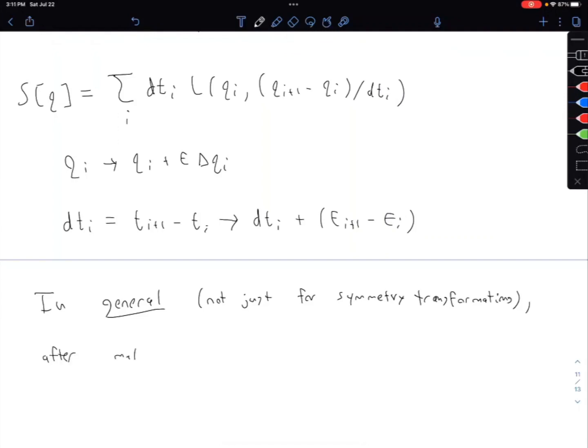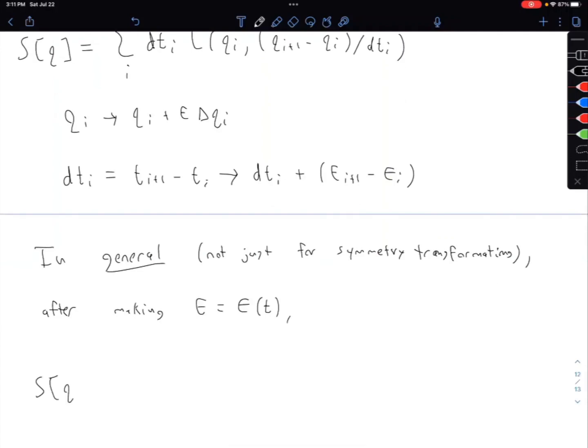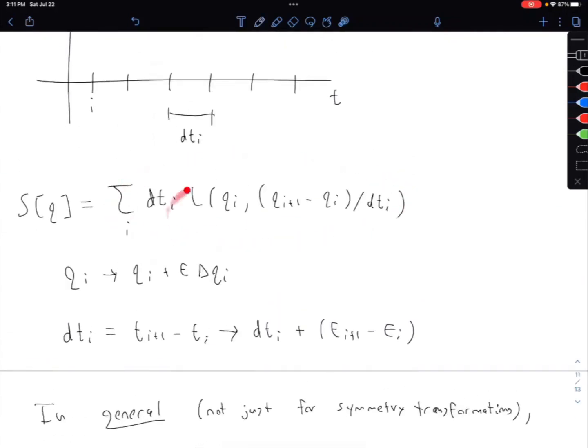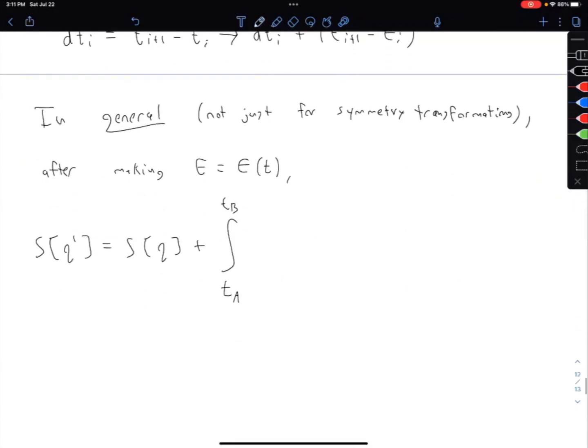After making, so these could just be some random transformations, right? Doesn't have to be a symmetry transformation. After making epsilon depend on time, S of Q prime is going to be equal to S of Q plus some integral over the original time bounds, because again, I am just expanding this in powers of epsilon, and I'm keeping only the linear term.